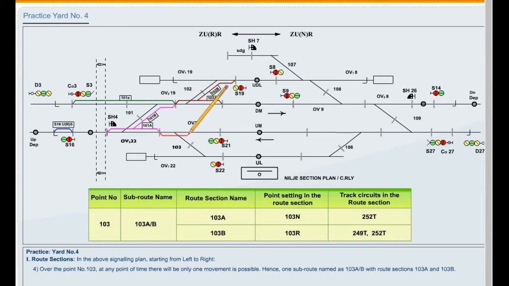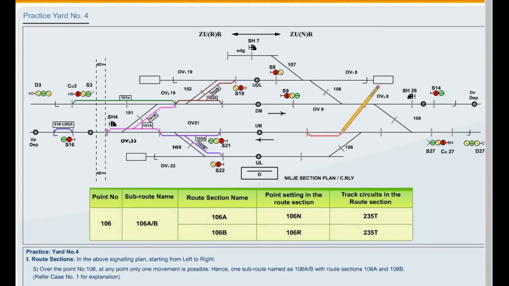Over the point number 103, at any point of time, only one movement is possible. Hence, one subroute named as 103A by B with route sections 103A and 103B. Over the point number 106, at any point, only one movement is possible.